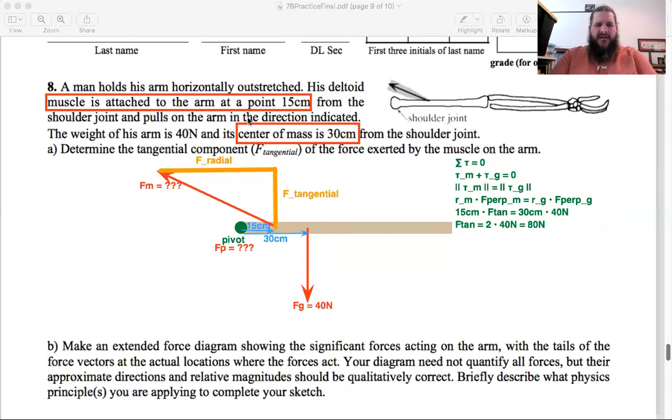So let's explore that a little further. If you assume that torque 1 equals torque 2, then we can write, and let's assume for the moment that the forces are perpendicular, or that we're only looking at the perpendicular components anyway, radius 1 times force 1 equals radius 2 times force 2. If you solve that for, let's say, force 2, what would you get?